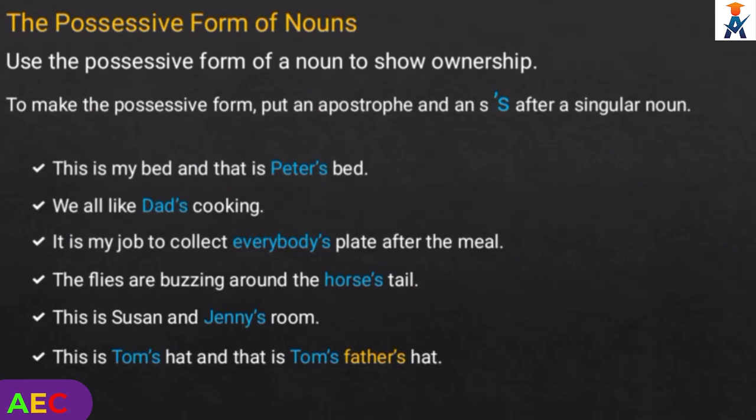This is Thomas's hat, and that is Thomas's father's hat. You see, there is a hat that belongs to Tom, and there is another hat that belongs to Tom's father. Each has their own hat.